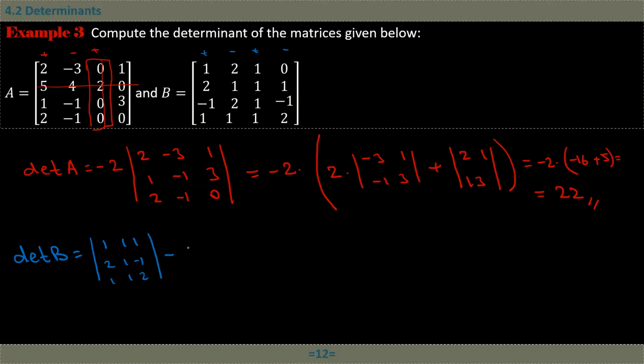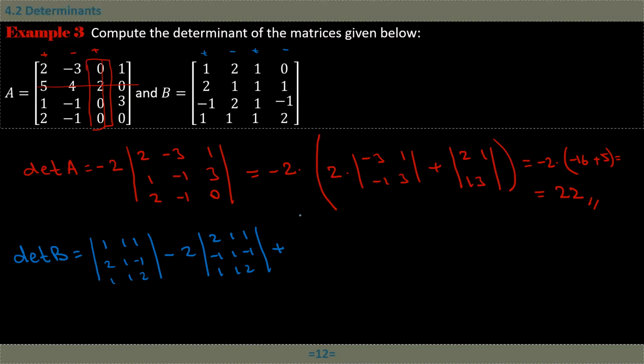Minus, the second one is 2, delete this row and this column, and write the remaining 3 by 3 determinant.